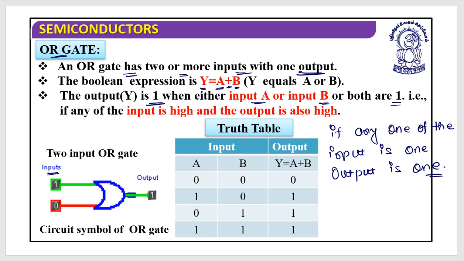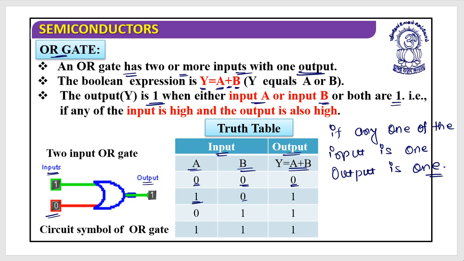So let's understand: these are the inputs and this is the output. We have two inputs, one of them is A, another is B, and on the output side it is A or B, which equals Y. When we provide both 0 0, the output will be 0.